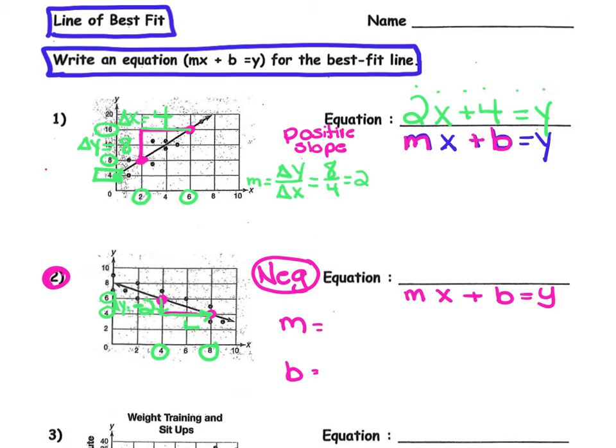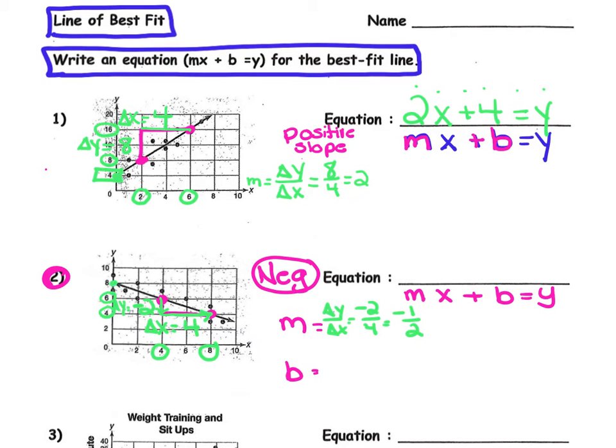That's a difference of 4. So your delta x is 4. So what's our delta y over delta x? Well, it's a negative 2 over 4, which is a negative 1/2.